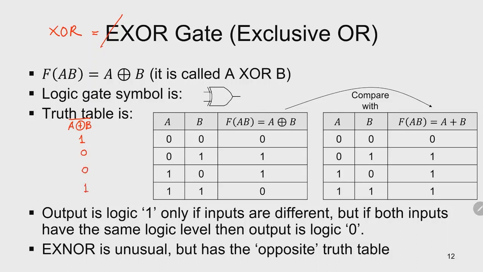So when both inputs are the same, the output will be high, equal to 1. And if the inputs are different, then the output will be 0.